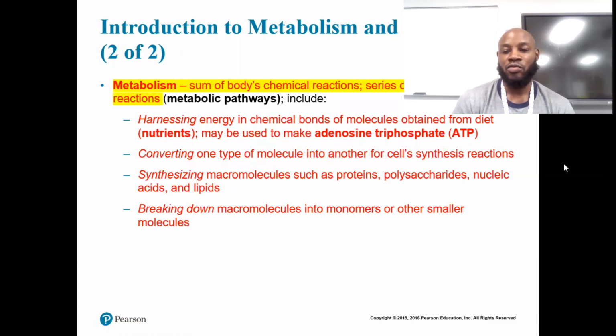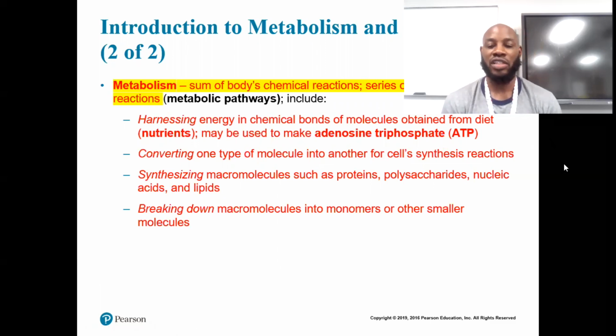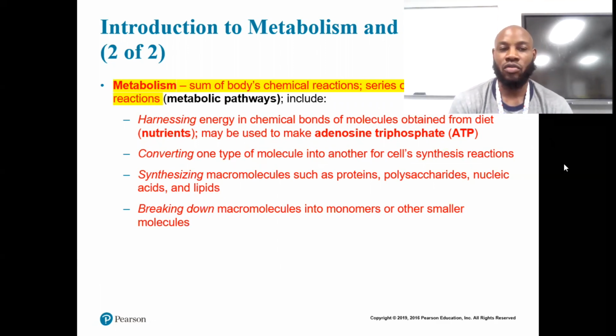Metabolism, and you may remember this term. It was talked about in some previous chapters, not in this class, but in part 1, Anatomy and Physiology, part 1, is the sum of the body's chemical reactions, right? So your body is constantly having chemical reactions.